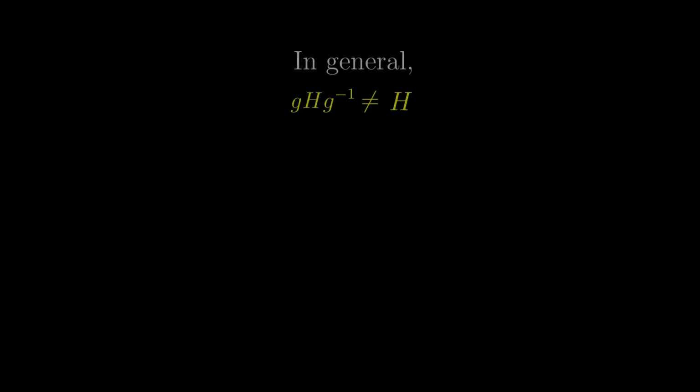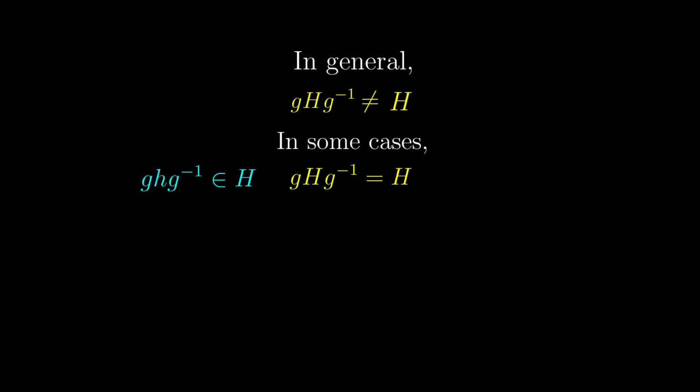However, although in general they are not equal to each other, in some cases they do equal each other. What I mean by them being equal is that for all little h inside the subgroup H, conjugating it by G gives something in the subgroup H. We are not saying it has to be h itself, just somewhere in the subgroup H will be fine.